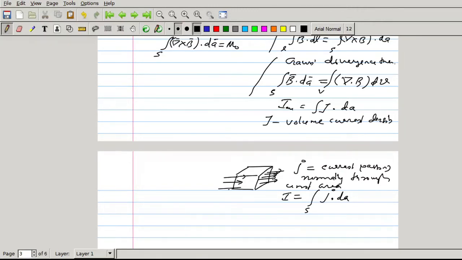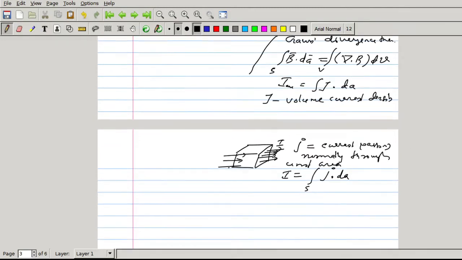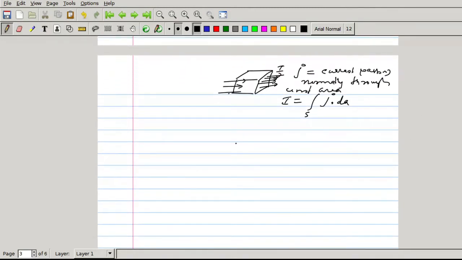Here the current is passing through a given volume. That's why we divide the current I by the area, and then we have the volume current density. In a similar way, consider a current passing through a surface, a surface like this.